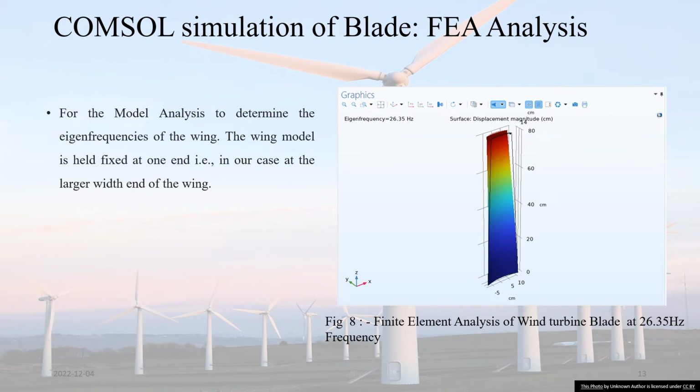The next aspect is the simulation of blades on COMSOL Multiphysics software for finite element analysis. Figure 8 explains the same for the wind turbine blade at 26.35 Hz frequency. For the modal analysis to determine eigenfrequencies of the wing, firstly the wing model will be fixed at one end, and in our case the considered model has a larger width towards the end of the wing.